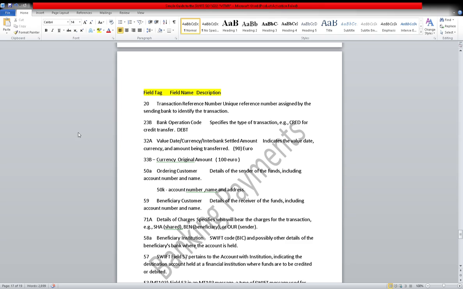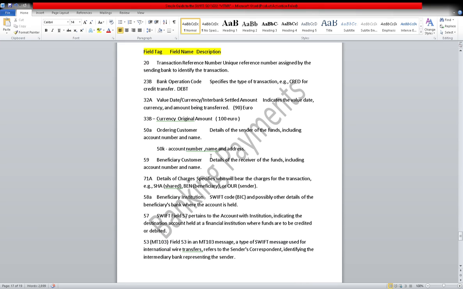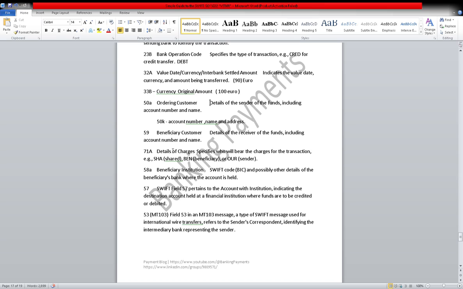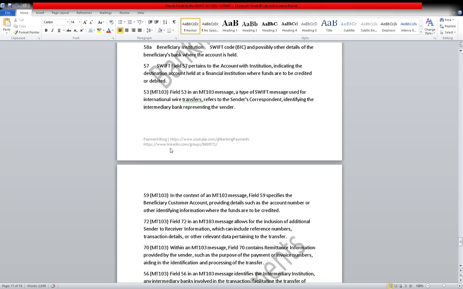Okay, now next one. 52 is your sender's bank. 50K is the person who is sending the payment. Good. Now the next field is 53B. Oh, not this one, here. 50A is done. 53.